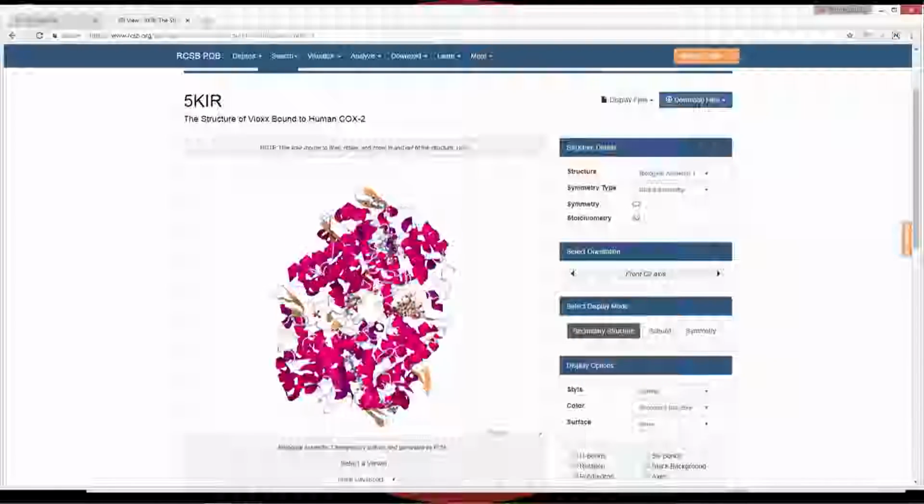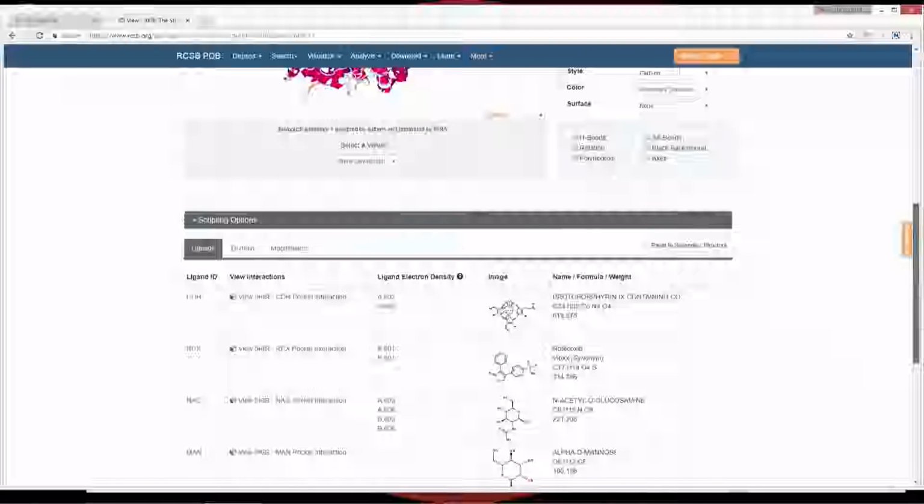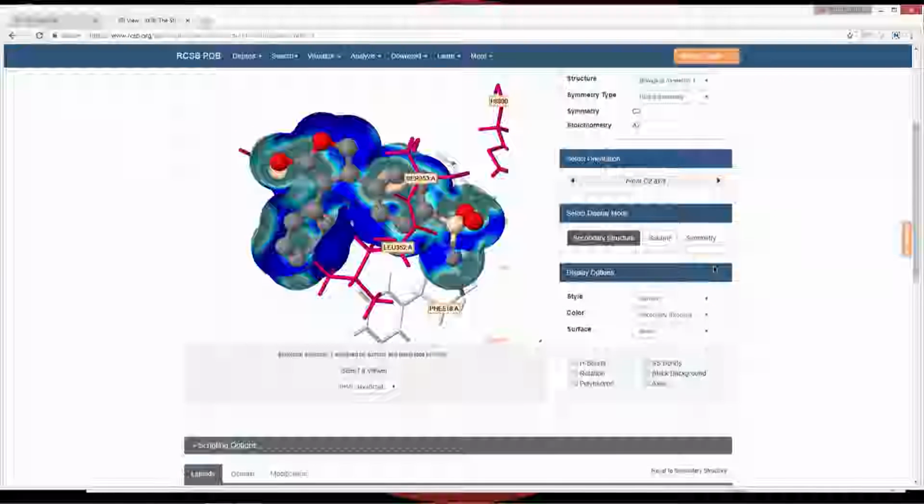This is a protein called cyclooxygenase 2. You can see there are a lot of ligands present in this protein. Vioxx is also called Rofecoxib.